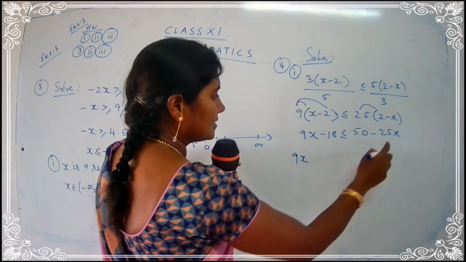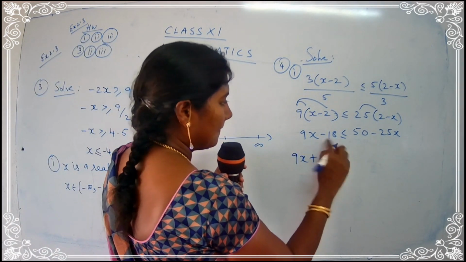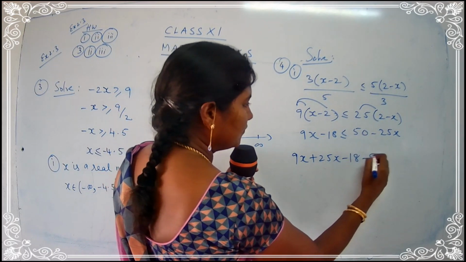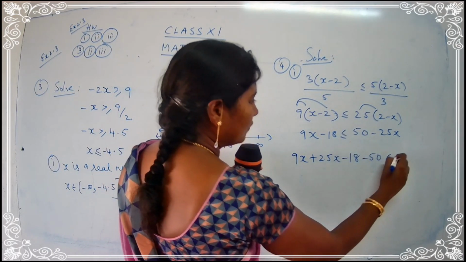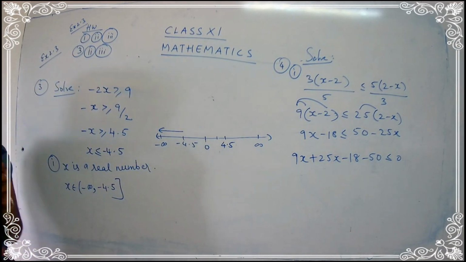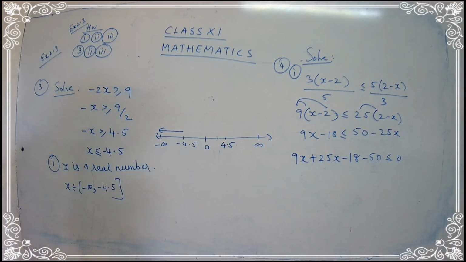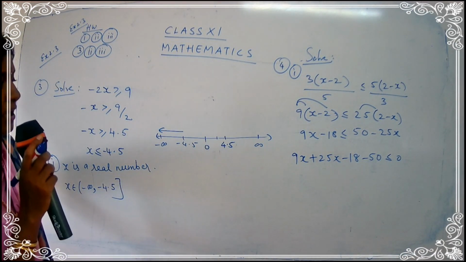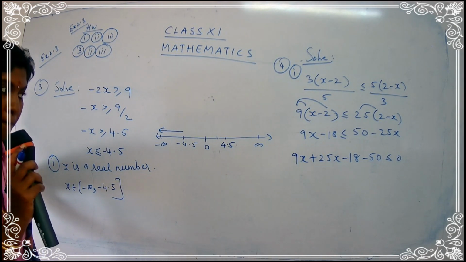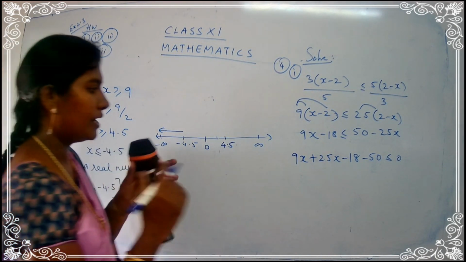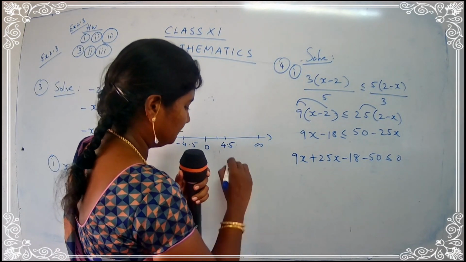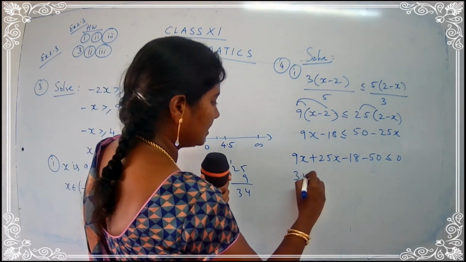So 9x plus 25x minus 18 minus 50 less than or equal to 0, just bringing all the terms on one side. Let's solve, children. 25 plus 9 is 34, so 34x.